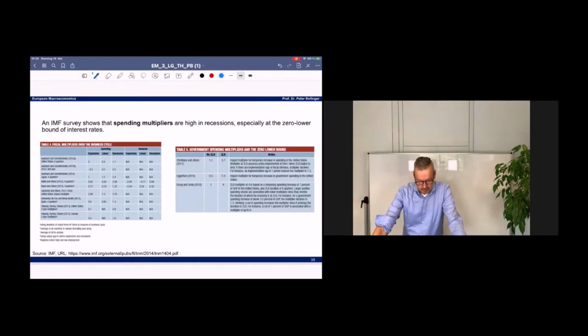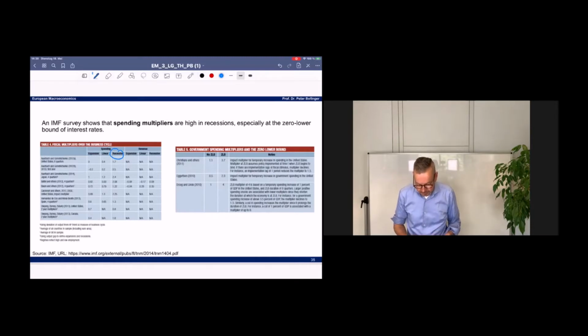Therefore, we can see that in recessions, the effects can be relatively high. Of course, there are all kinds of different analyses, for different time periods and different countries. But overall, you can see we have in many cases spending multipliers that are higher than 1.